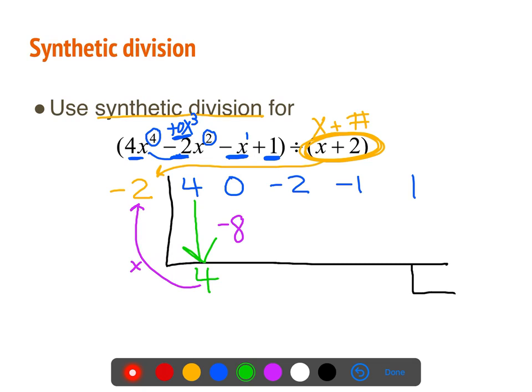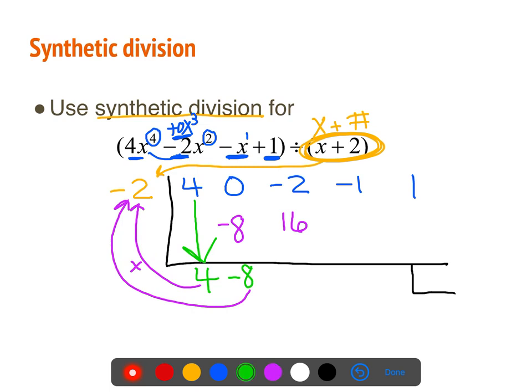So 4 times negative 2 is negative 8. It goes on the next row. Then you add the column together. 0 plus negative 8 is negative 8.